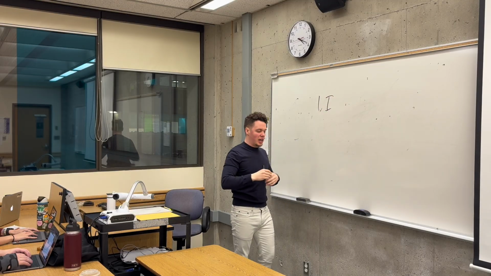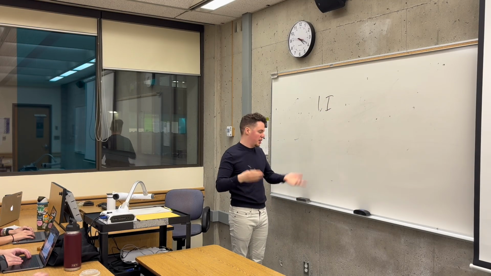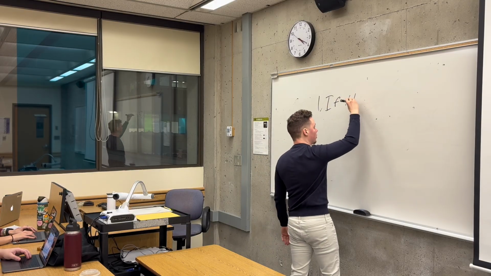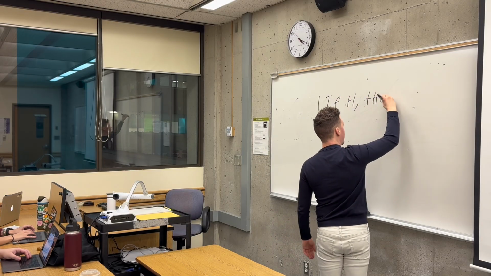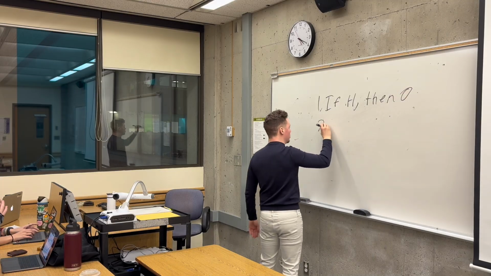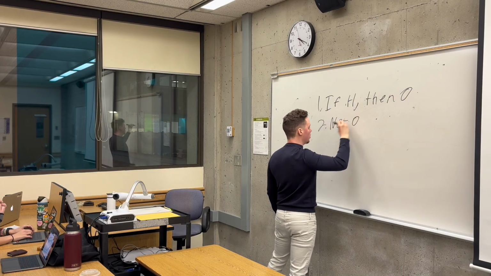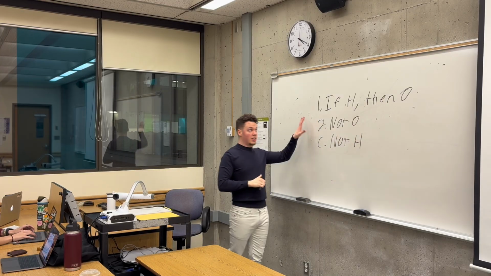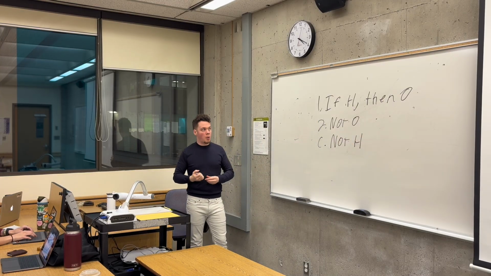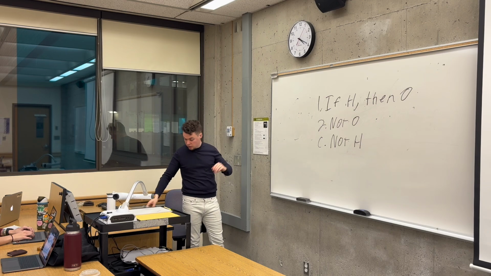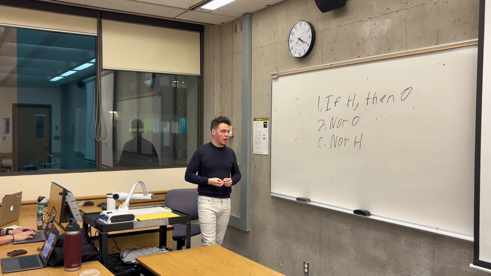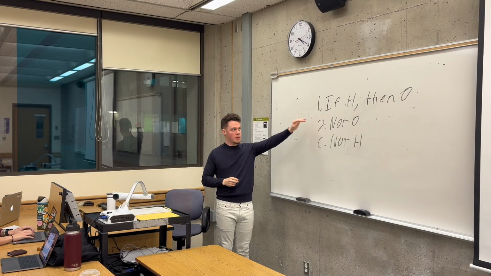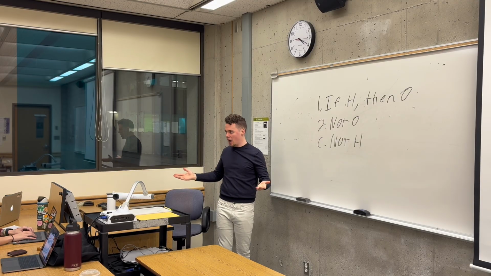I'll say if H then O for simplicity's sake, but it could be if A then B. If H, then O; not O; conclusion, not H. That's modus tollens. This is the central part of Popper's philosophy of science. Popper says this is how science works. You have the hypothesis, and you just make it up. You just guess it.